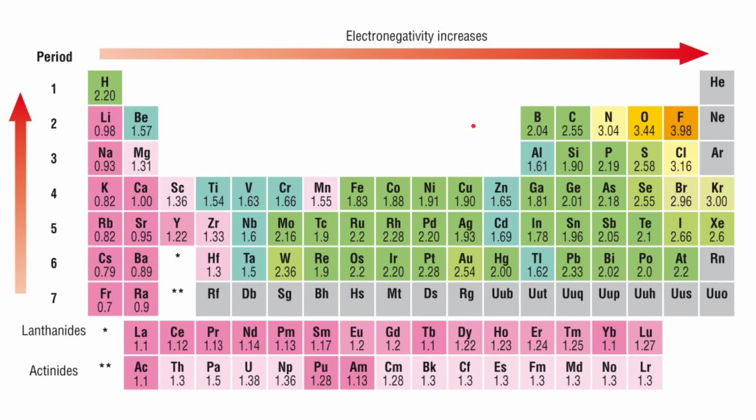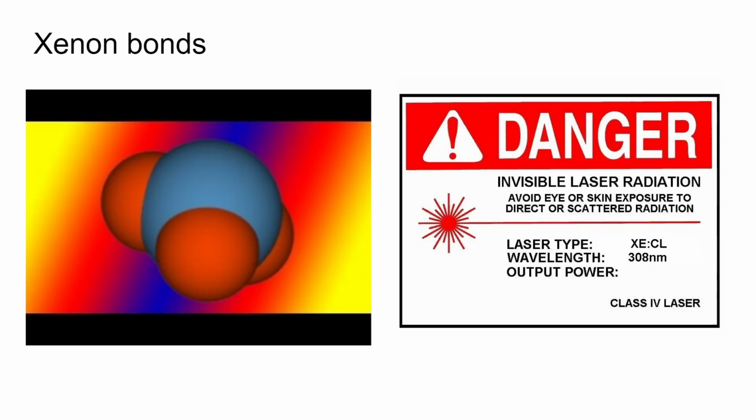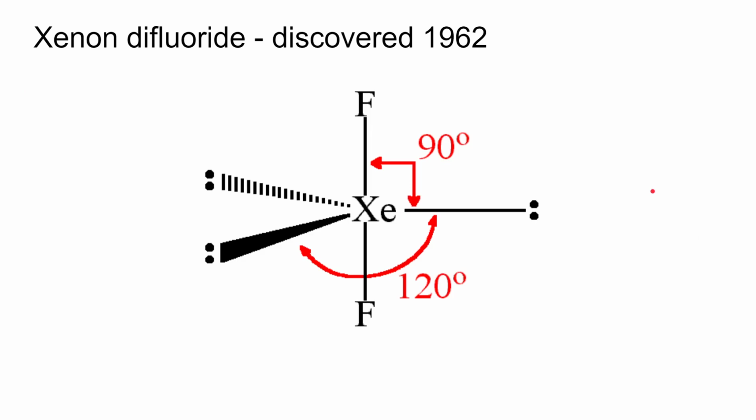But you may have noticed krypton and xenon have a value. How is this? That's because everything you learned is a lie. Noble gases can form bonds. And for xenon bonds, I'm going to put a video in the Google Classroom for you to watch. But yes, xenon can form bonds, and it looks like this. Crazy.